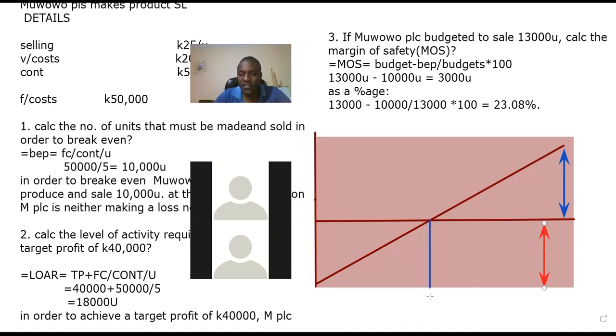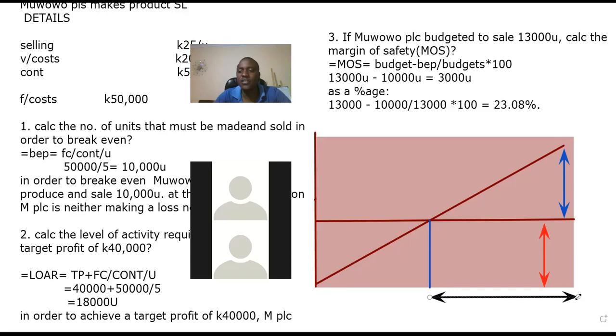Here's the issue, guys. Between this point and this point here, what we have is the MOS.